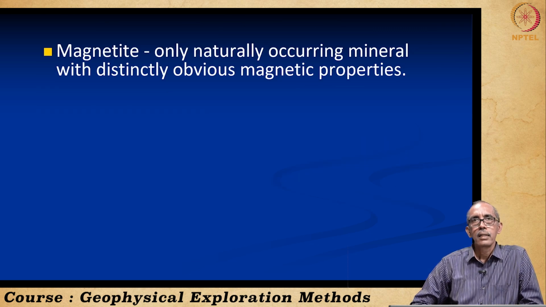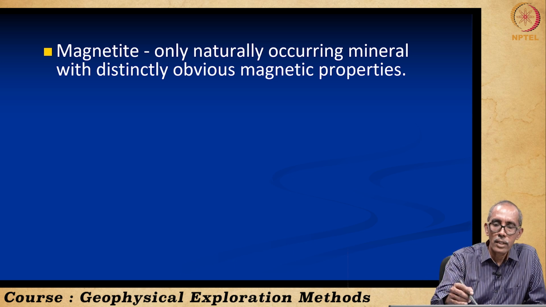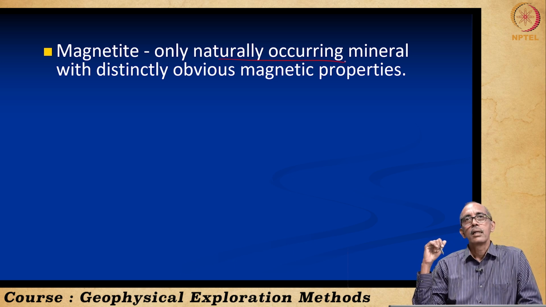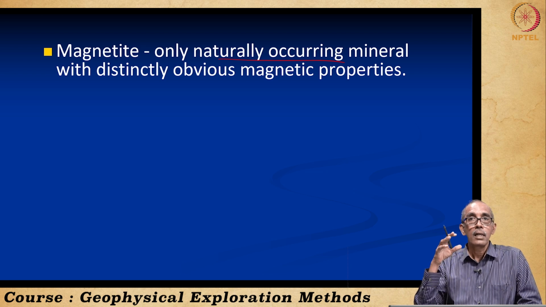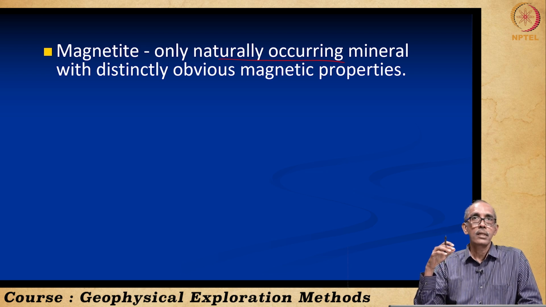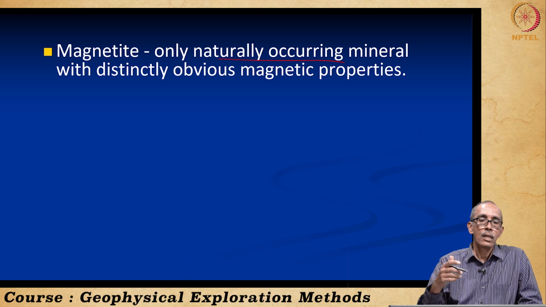In fact, magnetite is the only natural mineral with obvious magnetic properties. Why we are looking into this is that the magnetic field intensity which we measure on the surface depends on the Earth's magnetic field as well as the magnetic properties of the subsurface below the point of measurement.